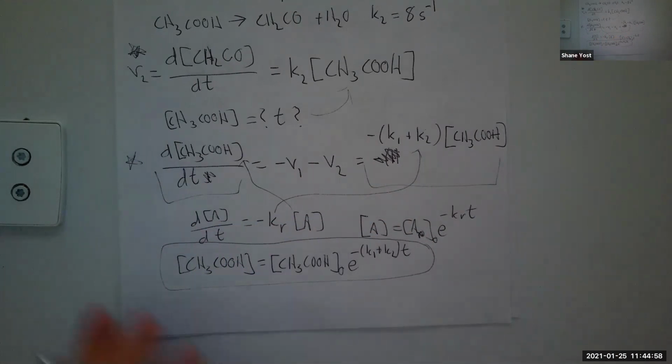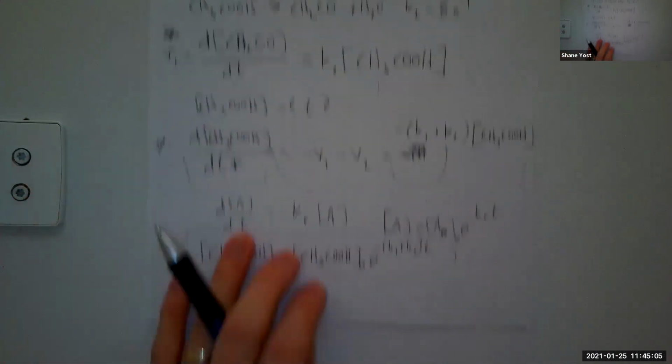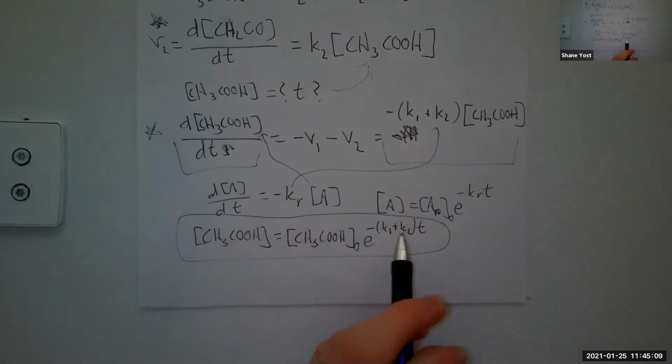Notice here that the integrated rate law for a set of parallel first order reactions is just the same as any other integrated rate law for a first order reaction. It's just that the rate constant is the sum of the rate constants for all the parallel reactions.